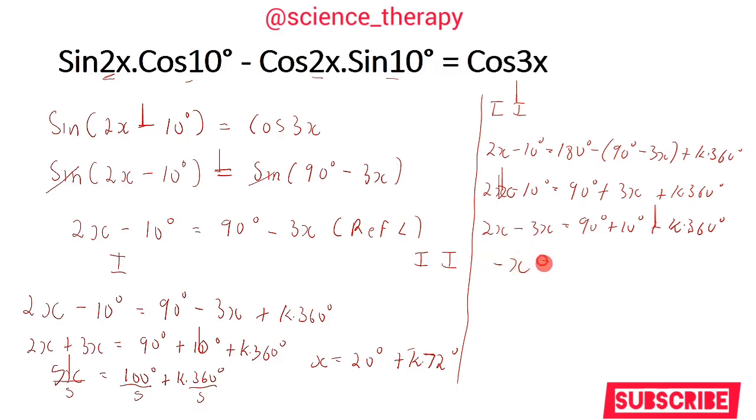That's minus x, and then 90 plus 10, that's 100, and then plus k 360 degrees. Now dividing everything here by -1, you will now have x is equal to -100 degrees plus k 360 degrees, right?